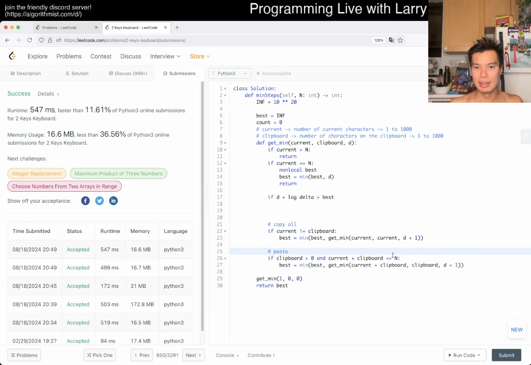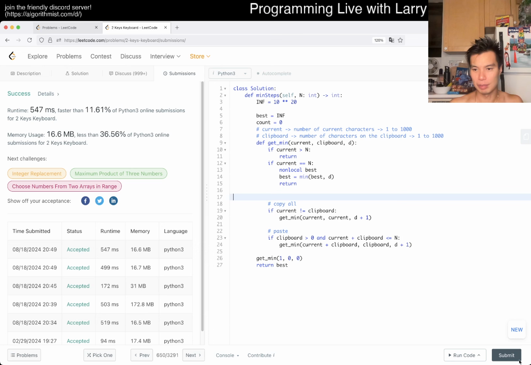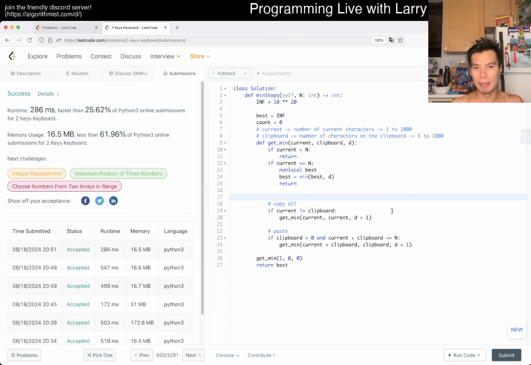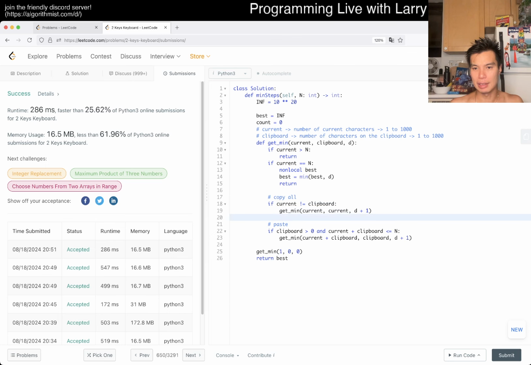Right, and now, let's just remove this for now, and you can see that this works. So now this is the recursive part, and you can see that this is much faster.